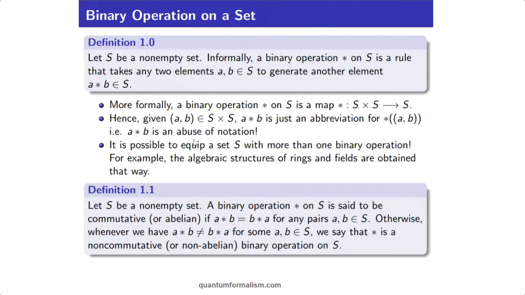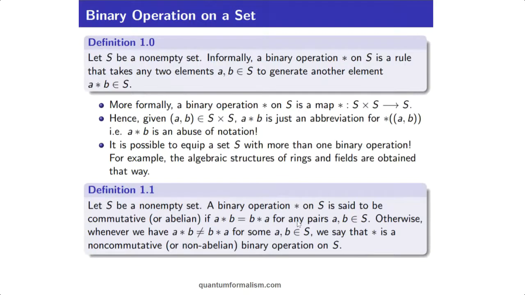Another thing I want to introduce here now is this notion of commutativity. The binary operation on S is commutative or abelian. I will be using both terms, but they are synonymous. They mean the same thing. Sometimes I will use commutative, sometimes I will use abelian.